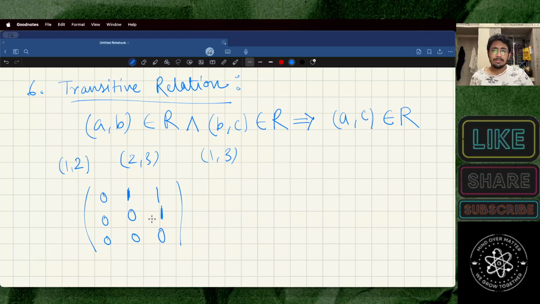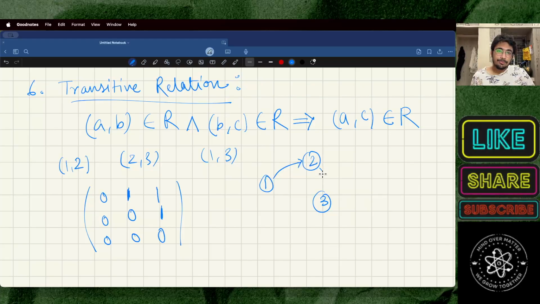It looks like small triangles inside the matrix. In digraph representation, it is more intuitive. If 1 is related to 2 and 2 is related to 3, then 1 must be related to 3. So this is a transitive relation.